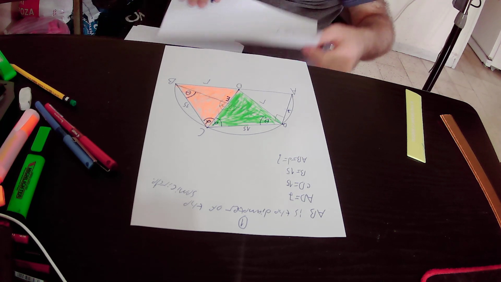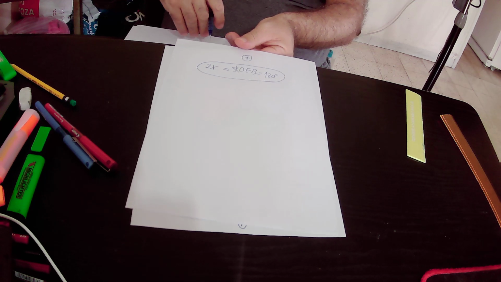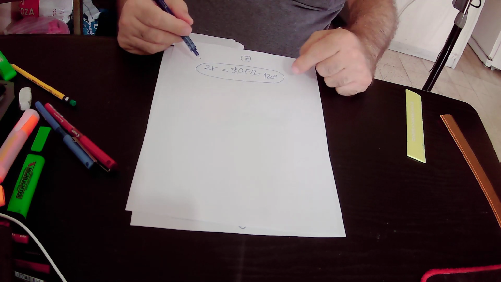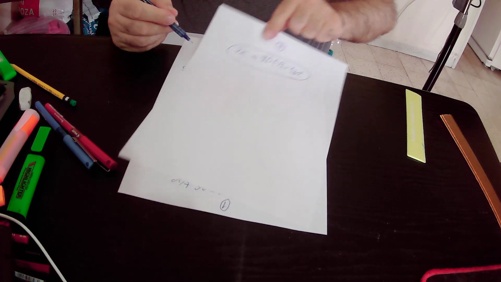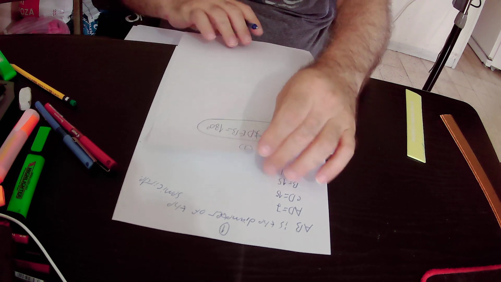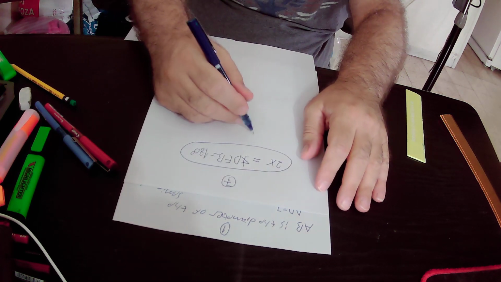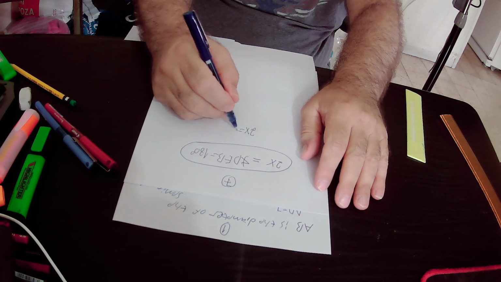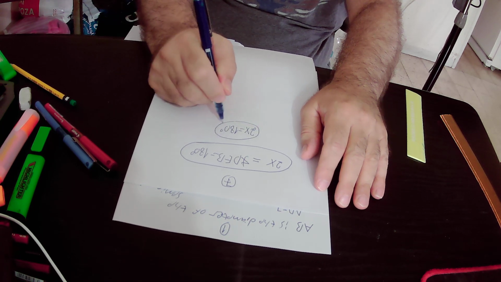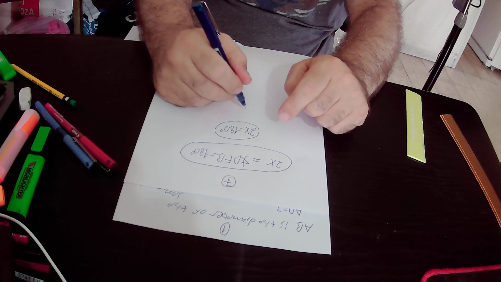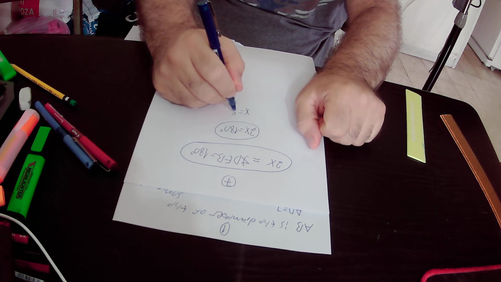So we got this equality, and from it we can deduce that 2x equals 180 degrees, and if we divide this equality by 2, we get that x equals 90 degrees.